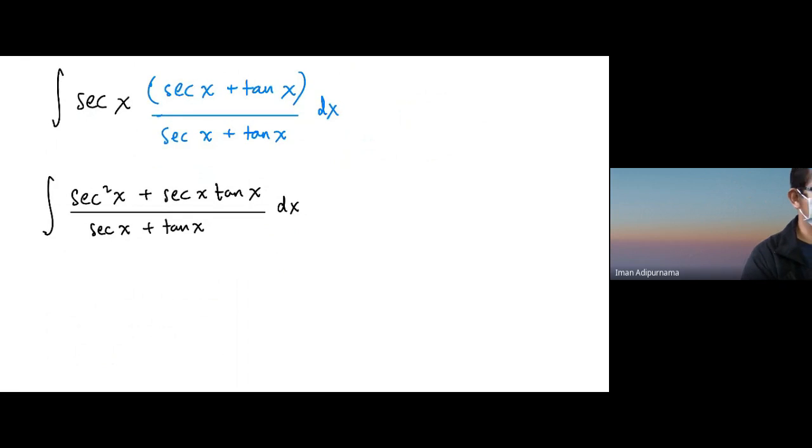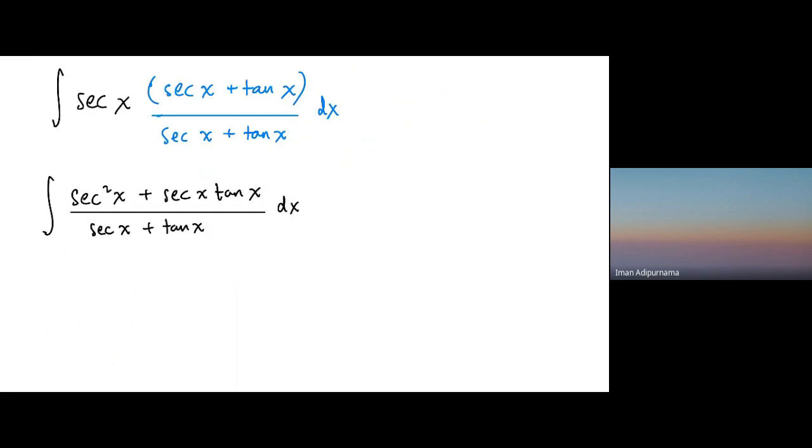Now what's next? If we remember, the derivative of secant x is secant x tangent x, and the derivative of tangent x is secant squared x.